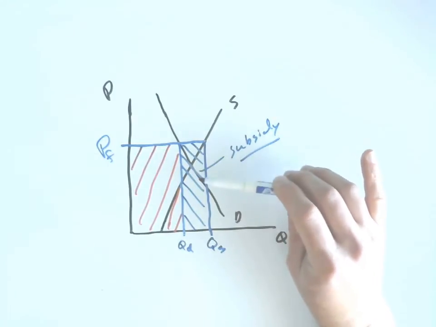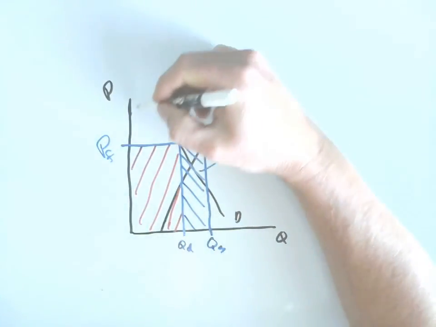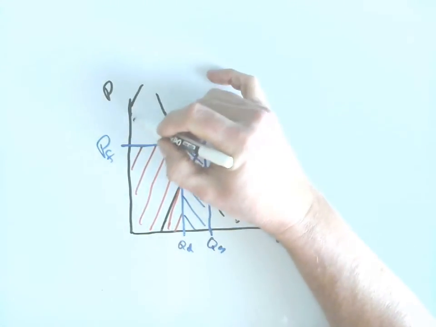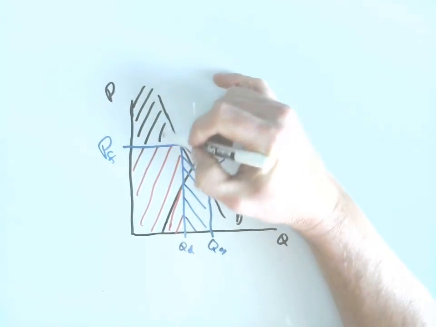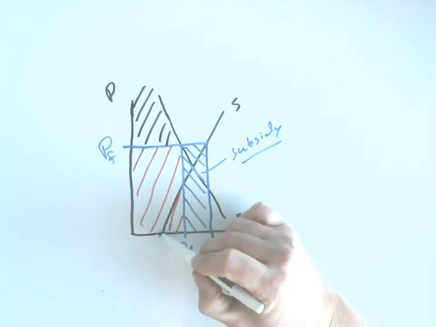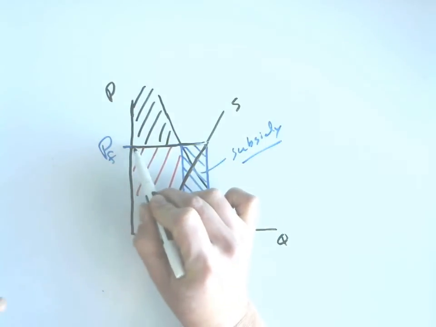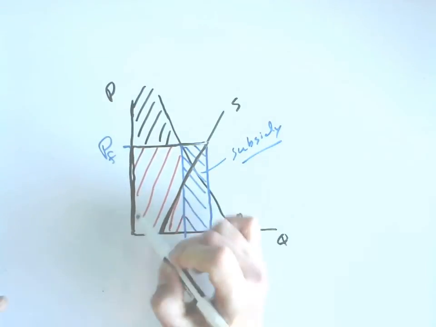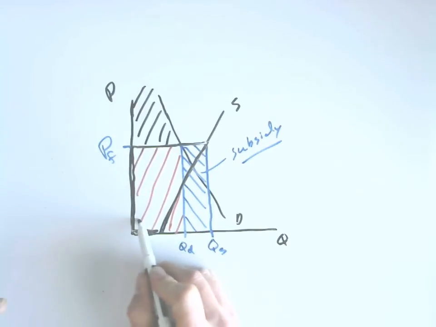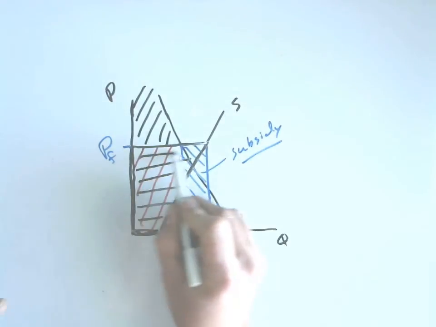Now we can already see where this is going. It gets a little complicated here, but where is consumer surplus then? Well, consumer surplus is going to be this area up here, of course. Producer surplus is actually this entire area here.